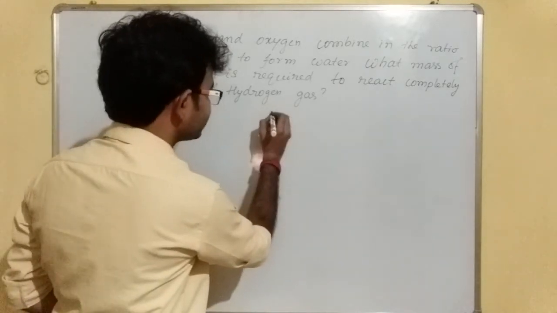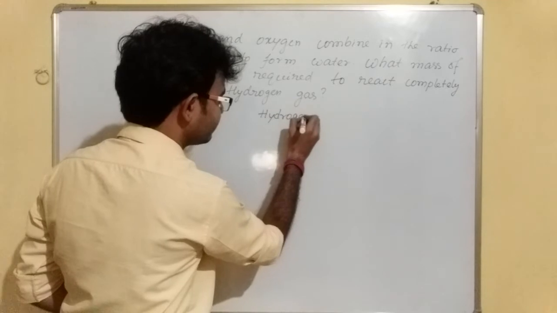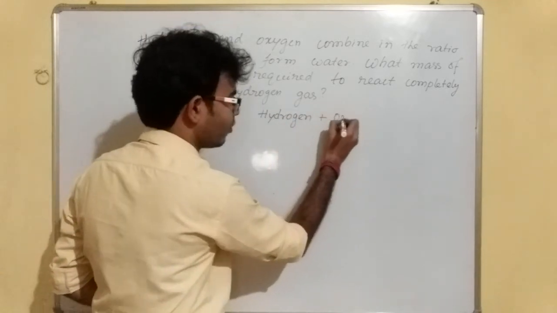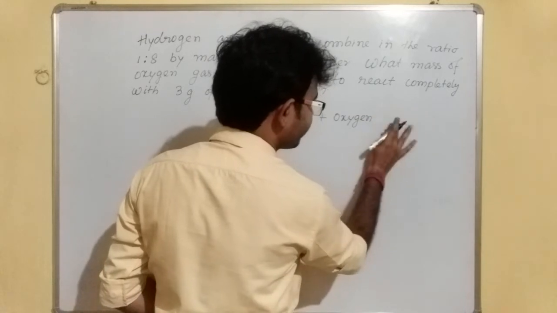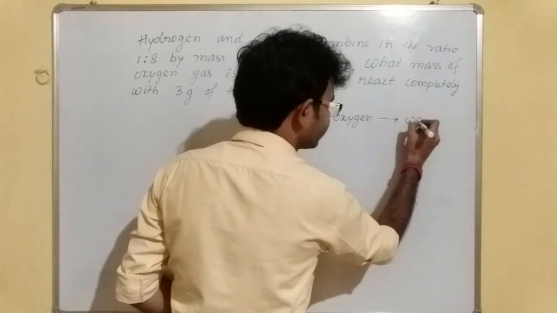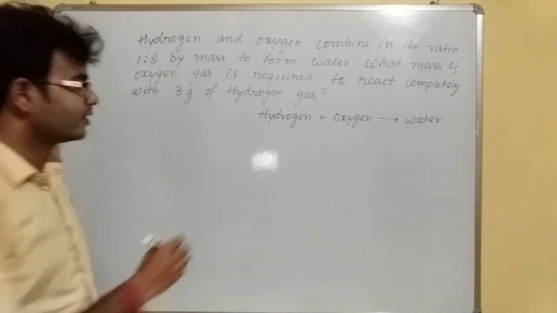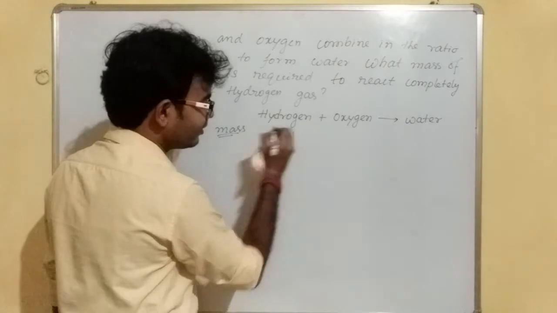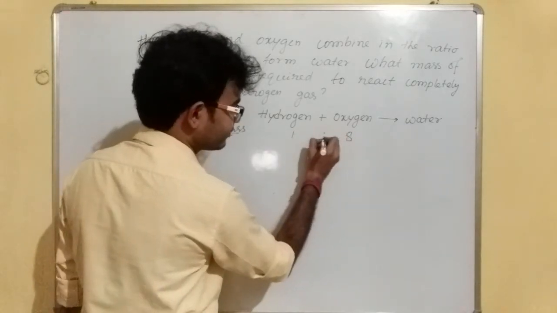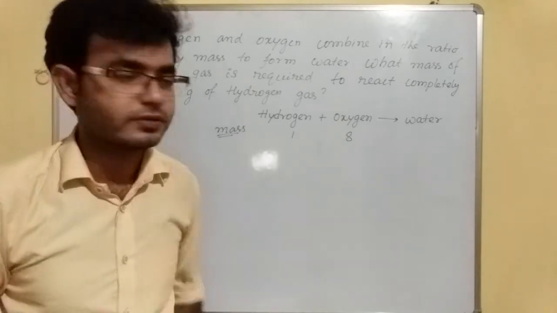So here the reaction is that hydrogen reacts with oxygen to form water. Okay, to form water. They combine in the ratio 1:8.